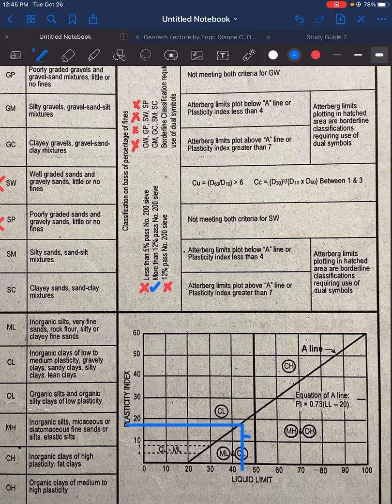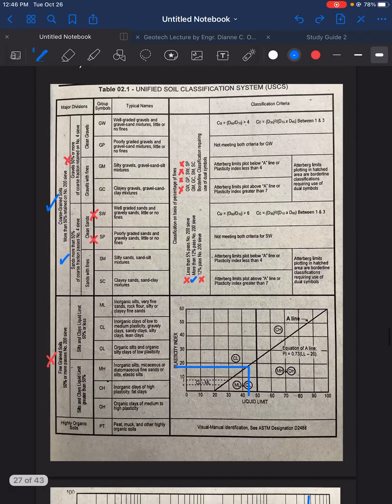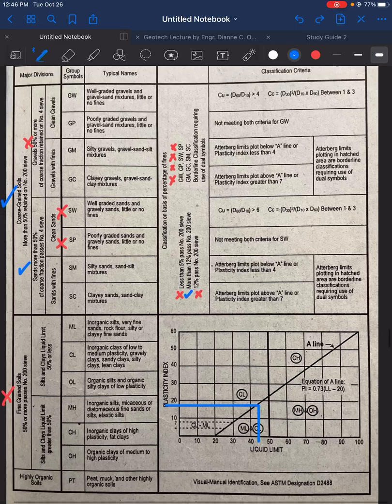So we cannot absolutely consider in which portion it went, because it could also be directly in a line. But to remove our doubt, we have another criteria, the plasticity index.